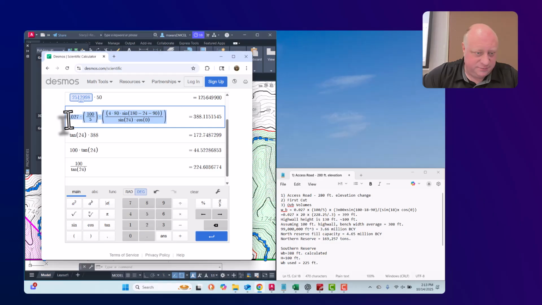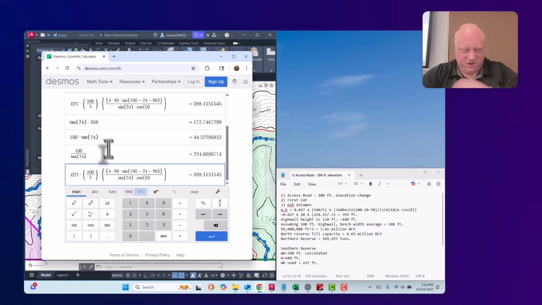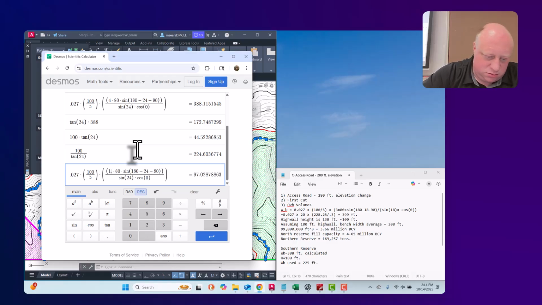Let's copy it. There we go. Then to take this into account, 4 multiplied by 0.31 is 1.24, taking into account the recovery. That gives us a 120-foot wide bench.